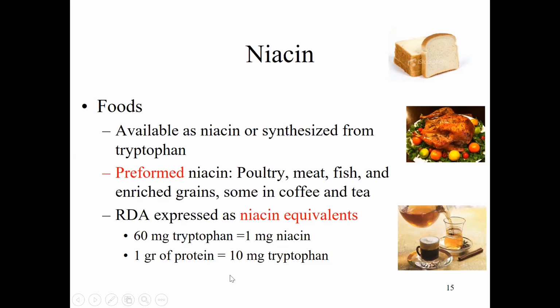For every gram of protein, that's equivalent to 10 milligrams of tryptophan, and then you'd have to keep doing the conversions. This can be similar to what we did with vitamin A and vitamin E, where you have these different forms that have varying levels of activity. So we make an equivalent to get everybody on the same unit.